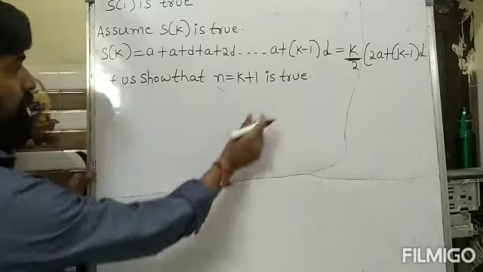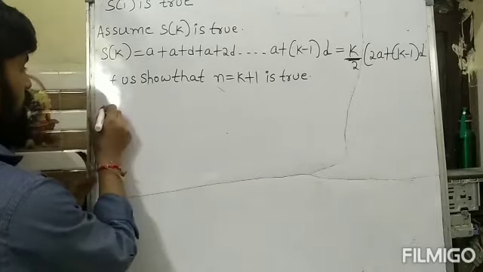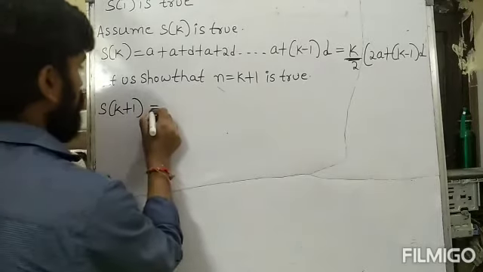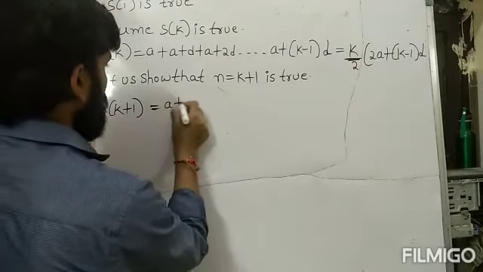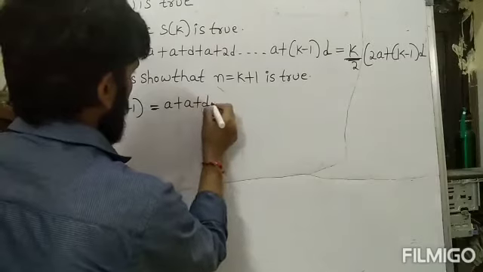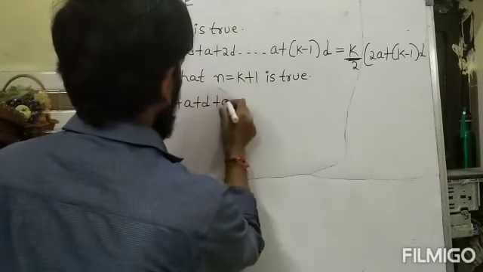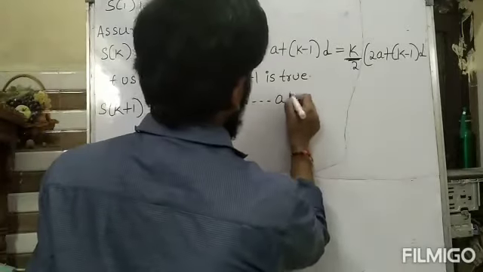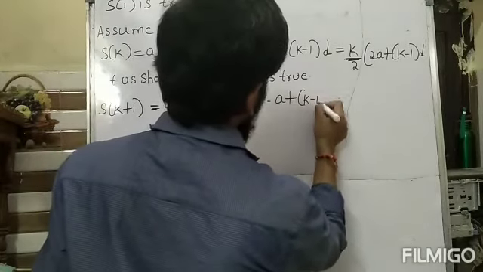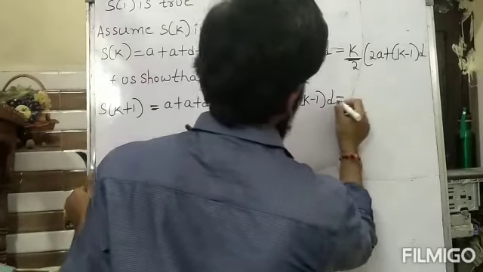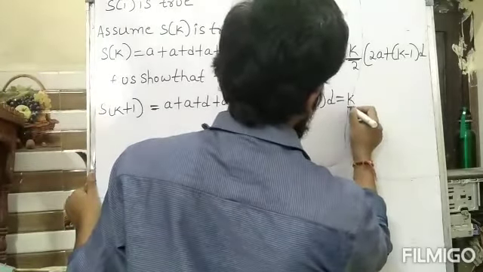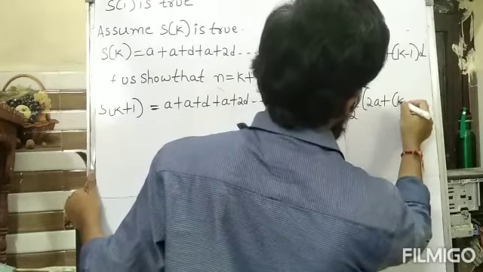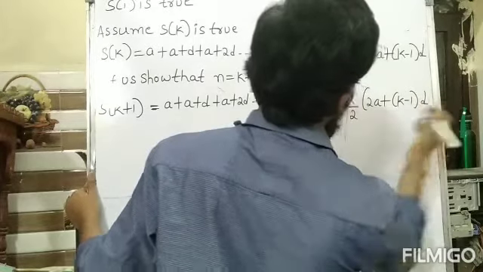So for this, S of k plus 1 equals a plus d plus a plus 2d, plus and so on up to a plus k minus 1 into d, equals k by 2 into 2a plus k minus 1 into d.